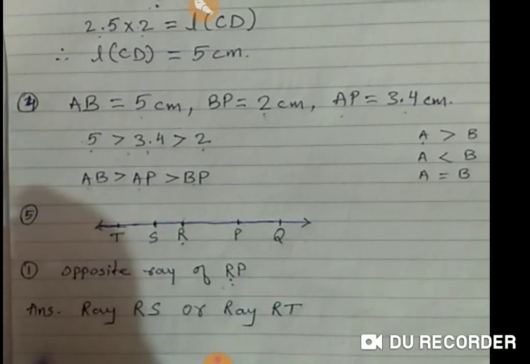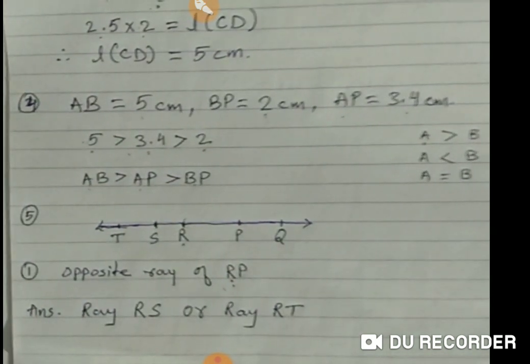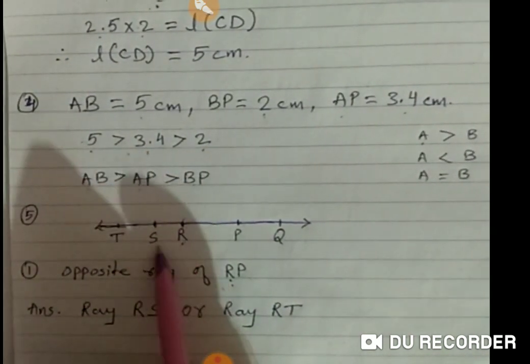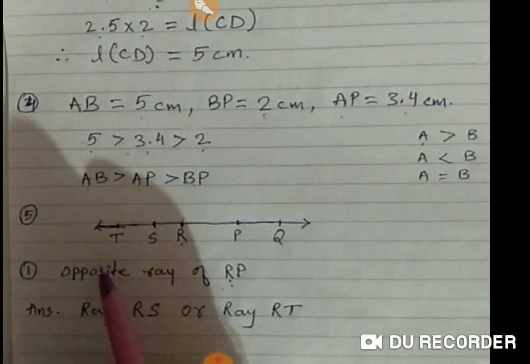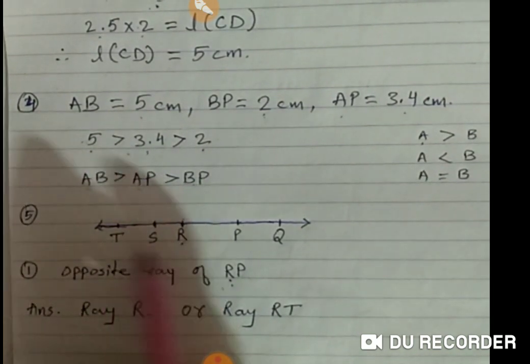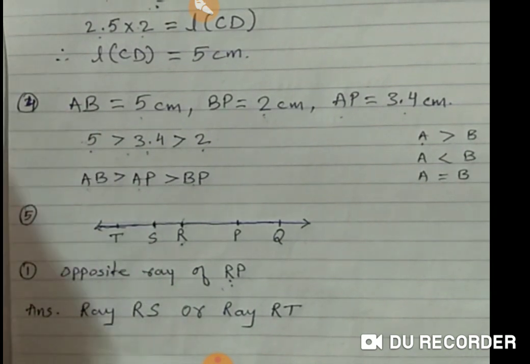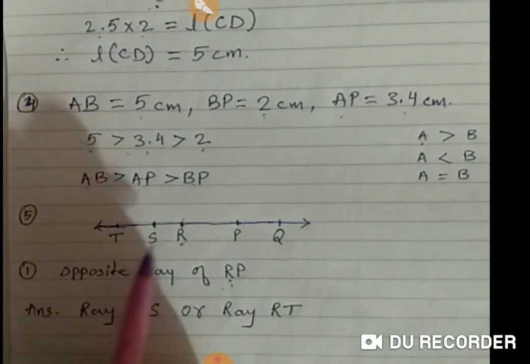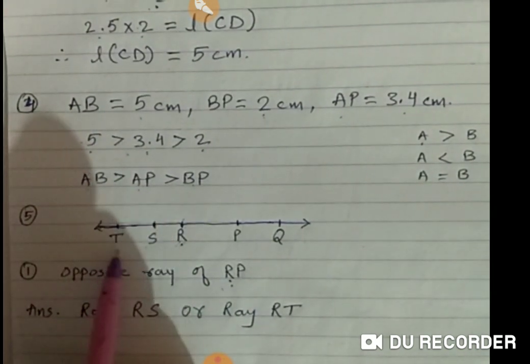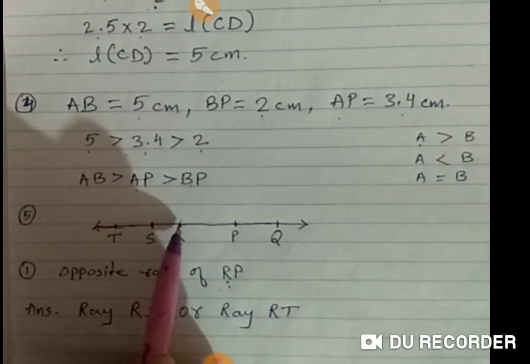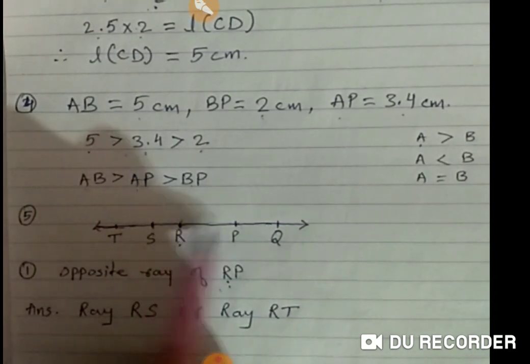So here we have two possibilities: RS is one opposite ray of RP and RT is another opposite ray of RP. Both RS as well as RT originate from R itself and both are opposite to RP.